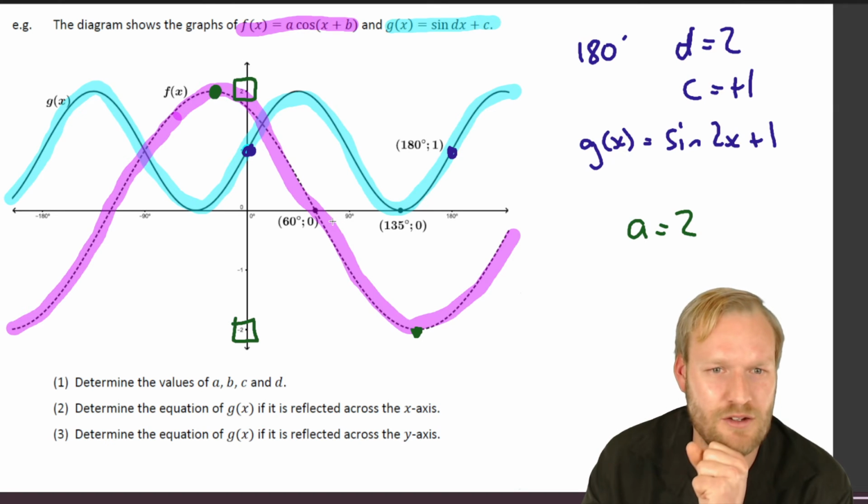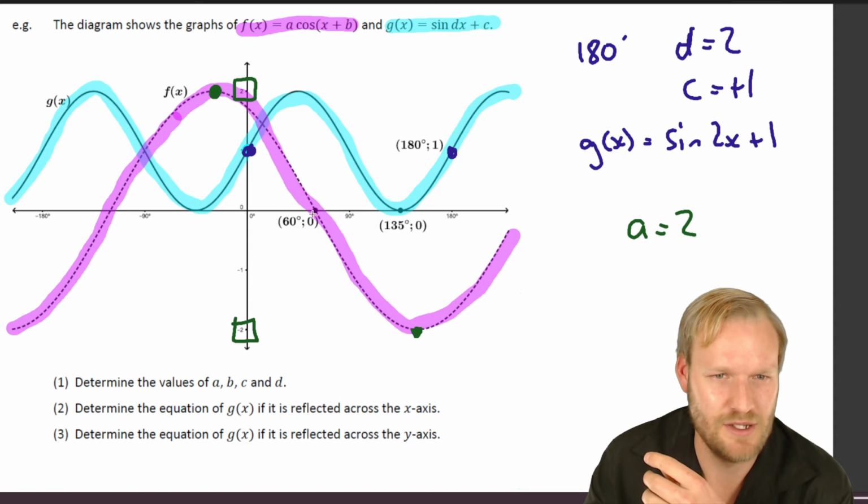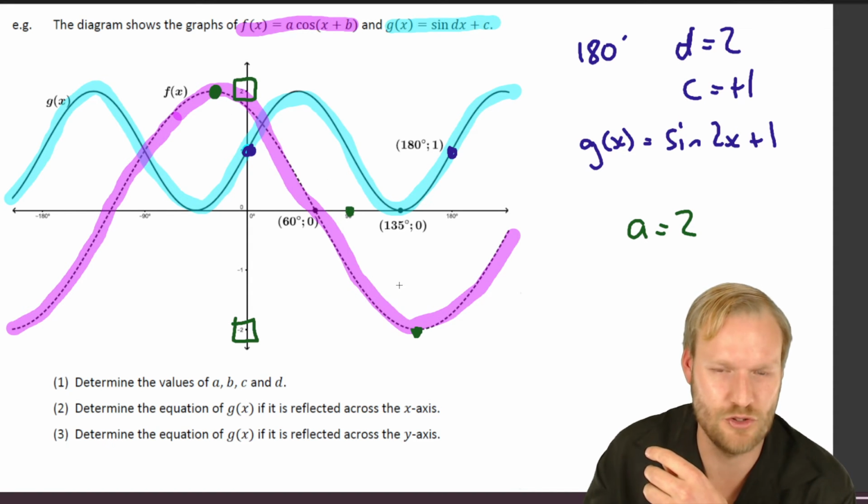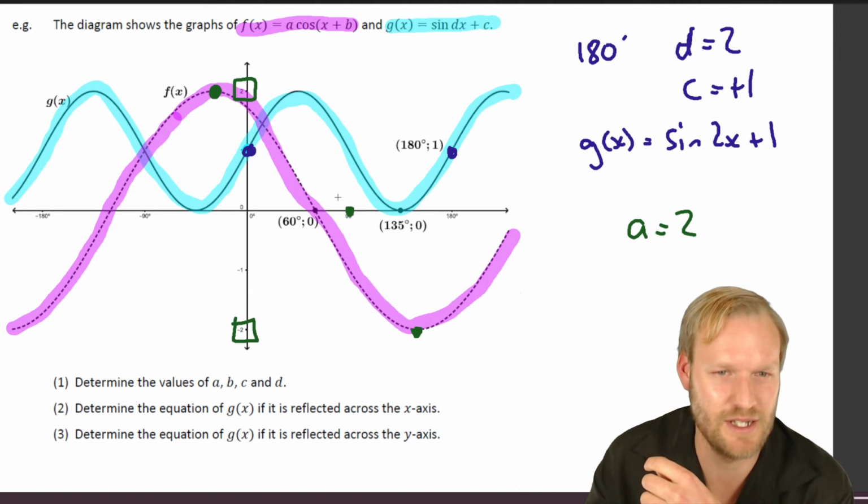Now, the cos graph would have had an intercept at 90 degrees. So if we were to just draw y equals cos x or y equals 2 cos x, it would have had an intercept at 90 degrees. It's moved left by 30 degrees by the looks of it.